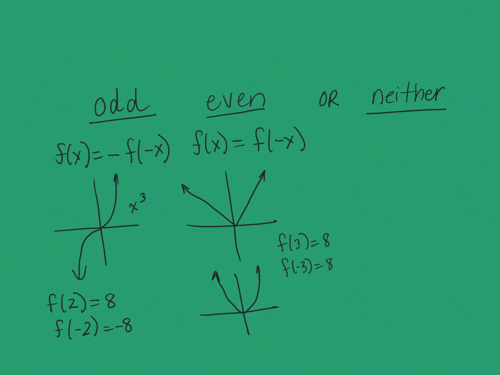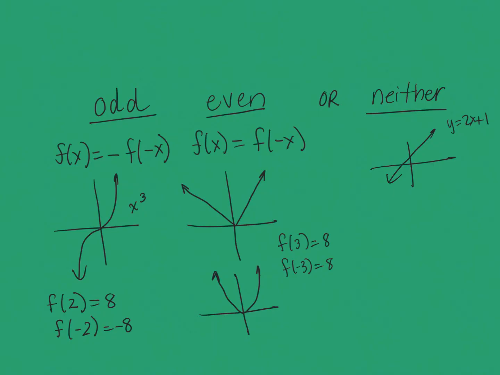There are lots of examples of neithers. There's way more neithers than there are evens or odds. Evens and odds are not a complete set by any stretch. Just like the regular line, let's say y equals 2x plus 1, that is neither even nor odd.